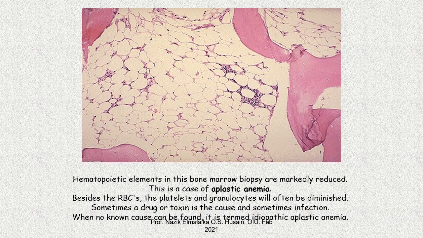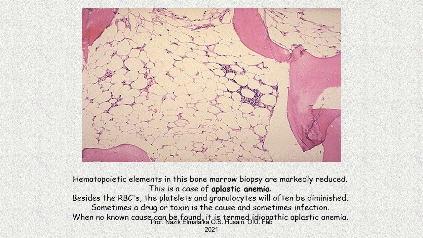This is the bone marrow in a patient with aplastic anemia. Bone marrow trephine is done to show why, in cases of pancytopenia, for example, the bone marrow, the factory that produces the hematopoietic cells, is not working.